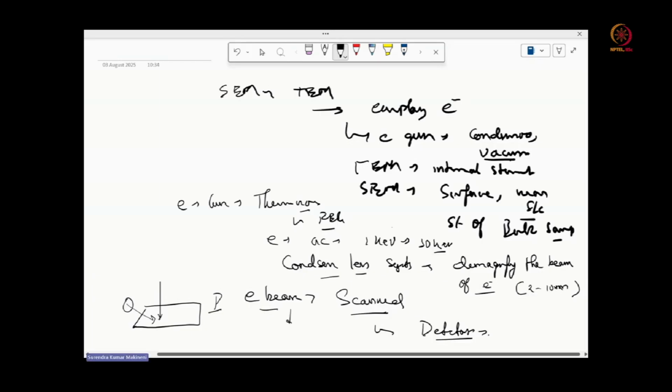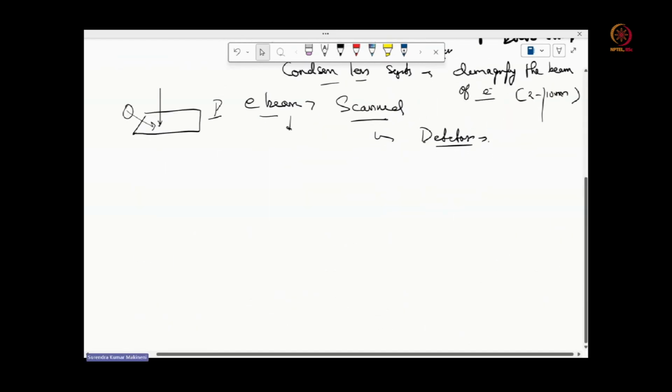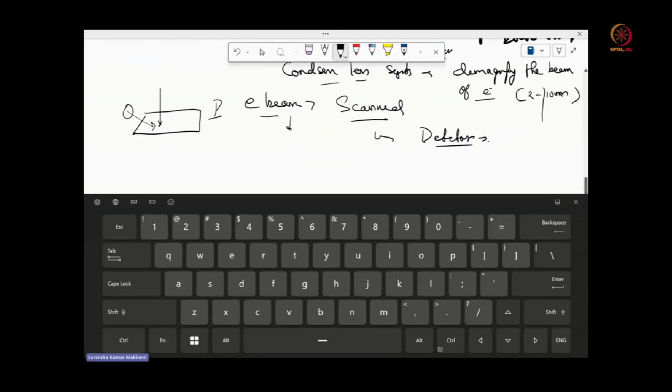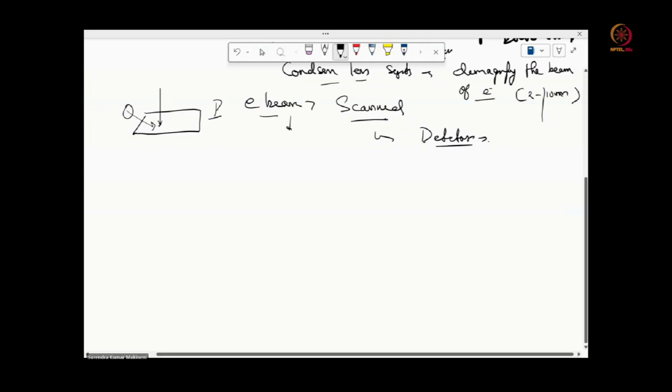At the same time, while the electron beam interacts with the sample, similarly there is a spot on the cathode ray tube, the CRT monitor, which is also scanned across.